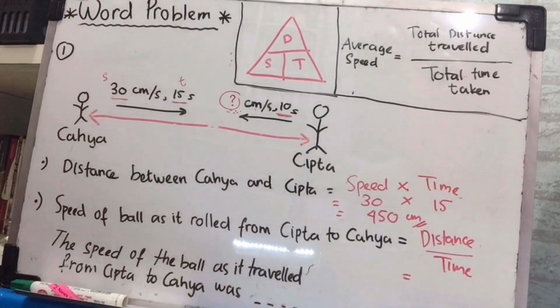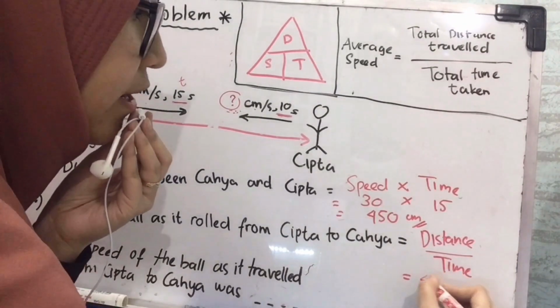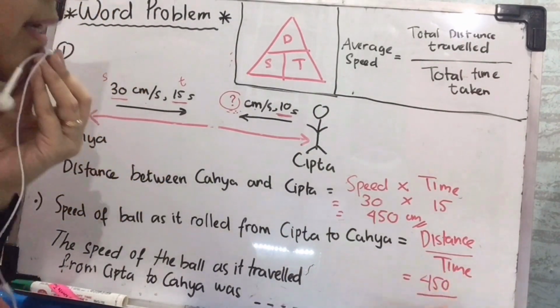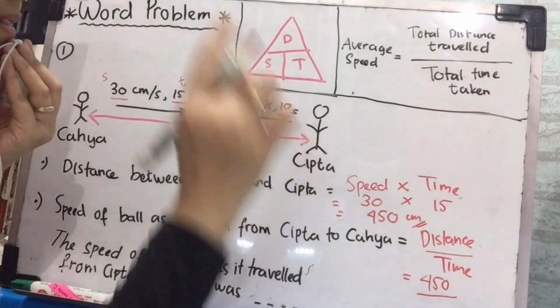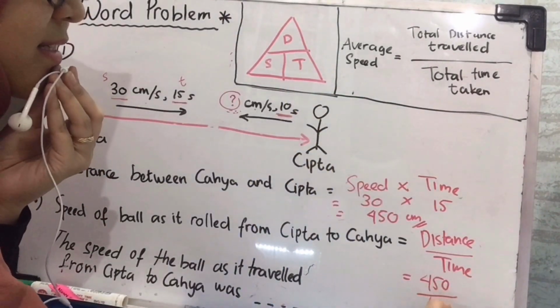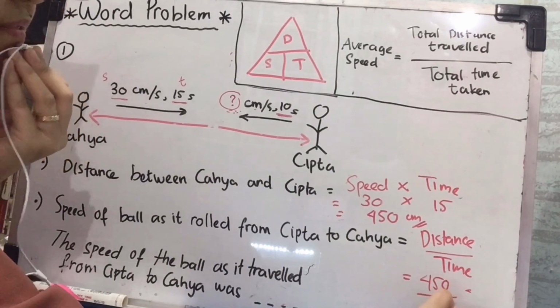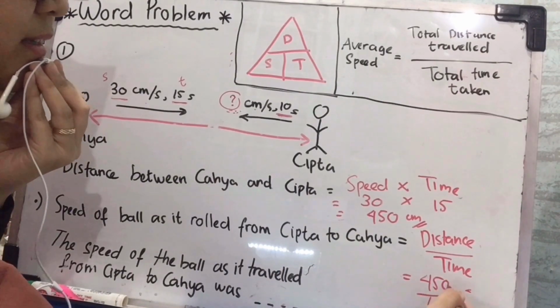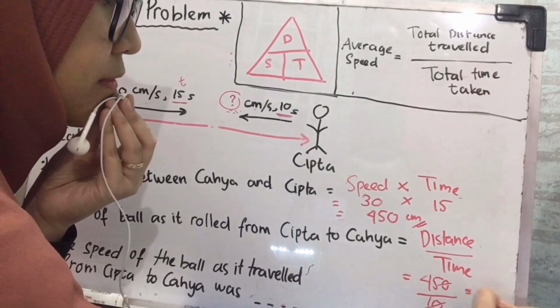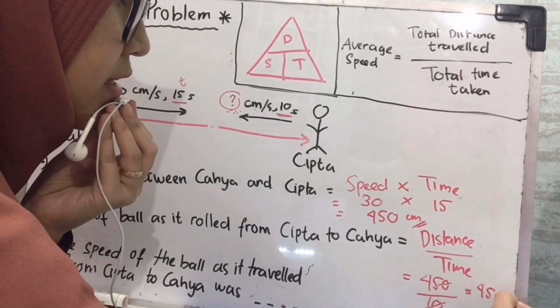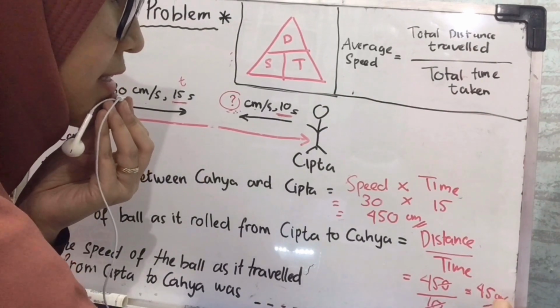Okay, the distance is 450 divided by the time, 10 seconds. 450 divided by 10 is 45 centimeters per second.